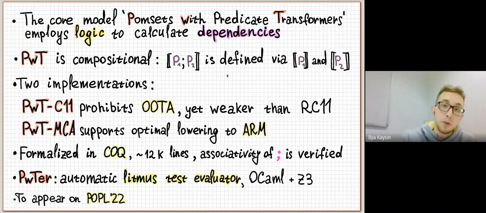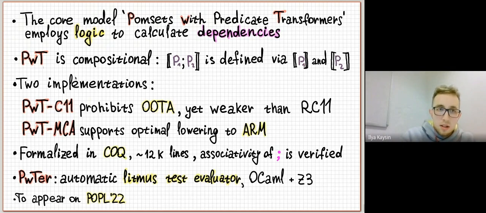For example, if we prove that two instructions can be swapped, if the semantics of P1, P2 equals the semantics of P2, P1, then this property is true in any context, right? So in any program, and so we can prove such properties more easily.